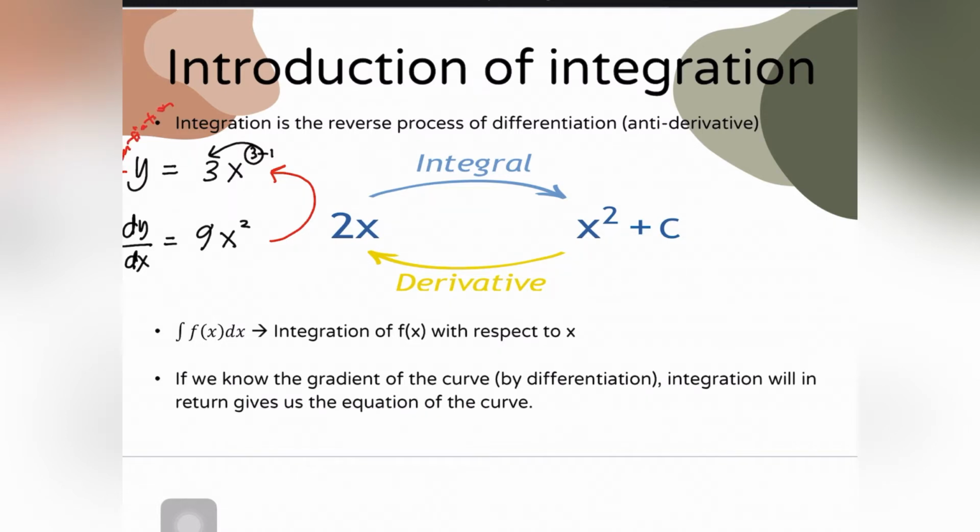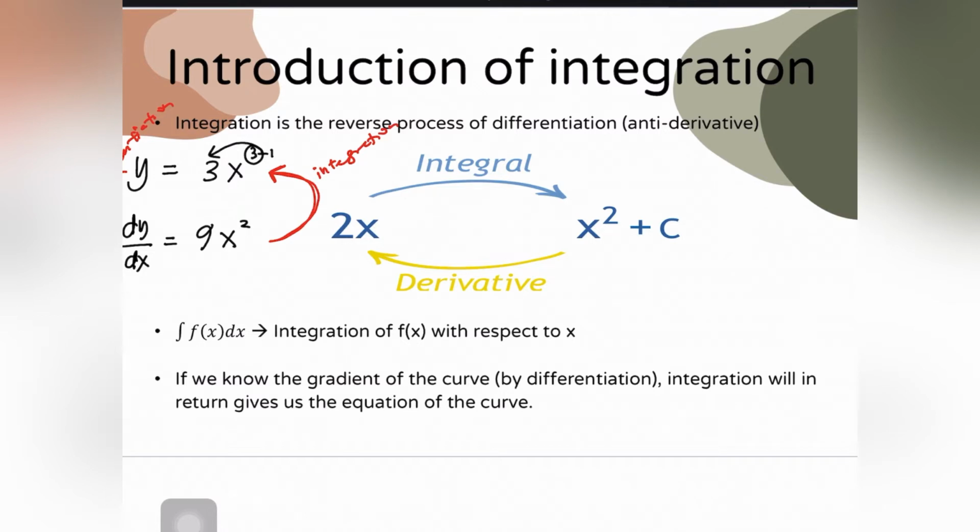From dy/dx back to the equation of y, we are doing the process of integration. That's why integration is called the antiderivative process or antiderivative technique, because it will return the differentiated equation back into its original form, in the form of y equal to certain variable.